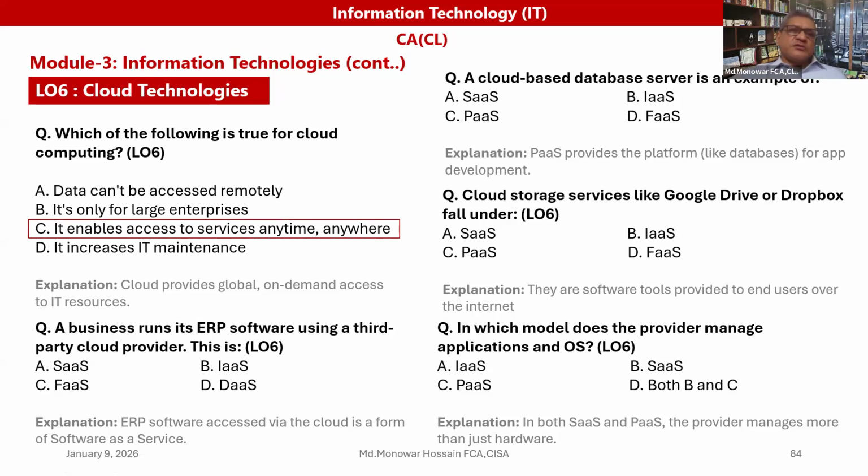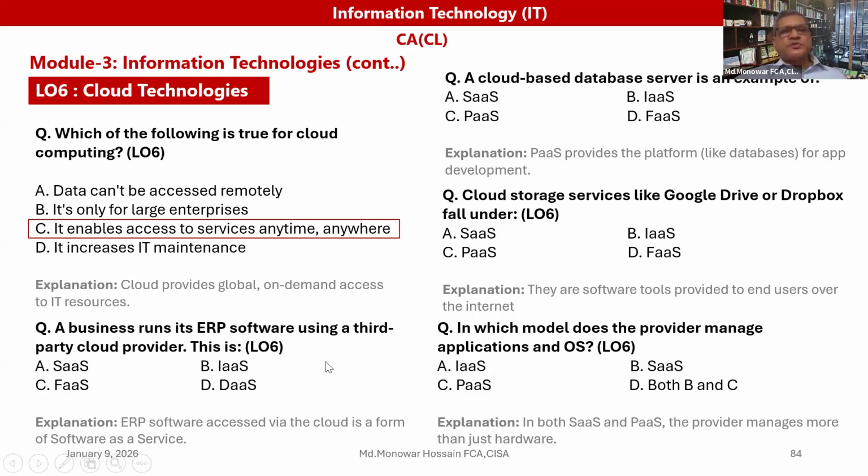It is true, but the other three are wrong. Data can't be accessed remotely, which cannot be. It's only for large enterprises, not only for them. It increases IT maintenance, which is not true. So the answer is: cloud computing enables access to services anytime, anywhere.